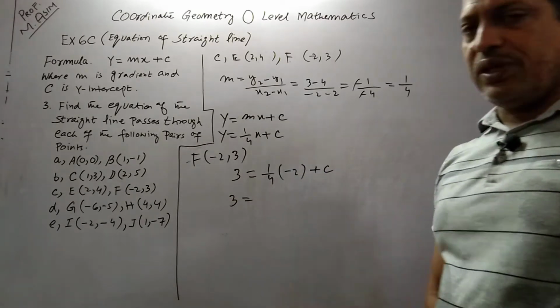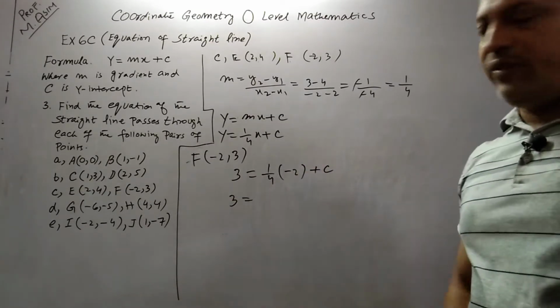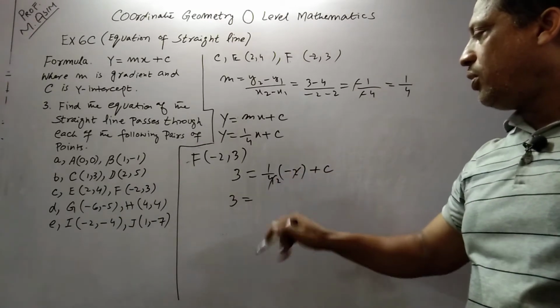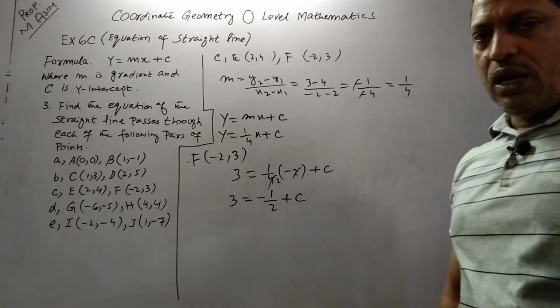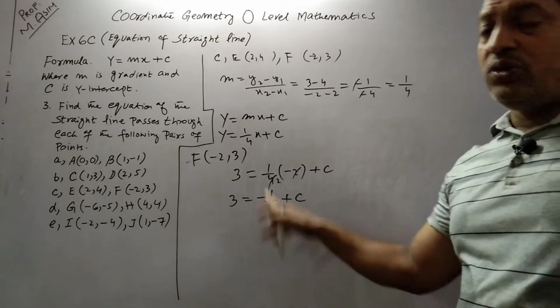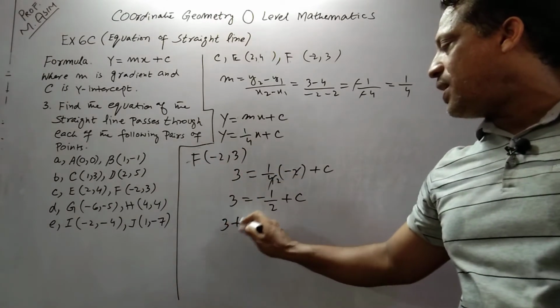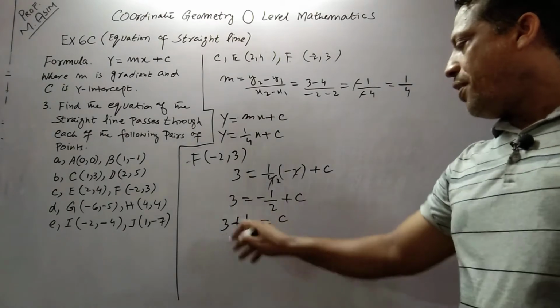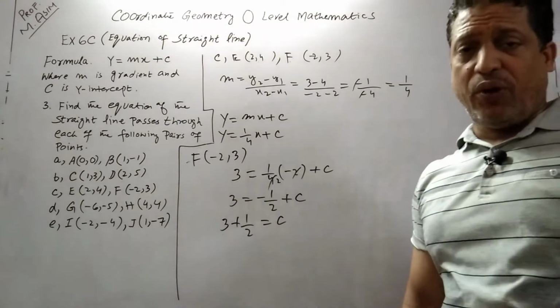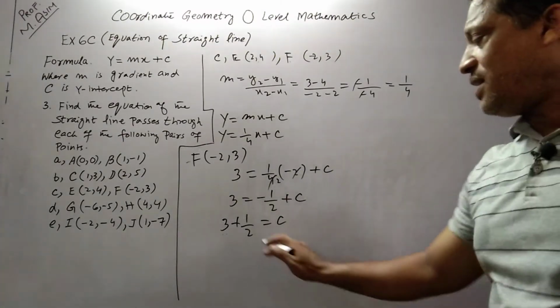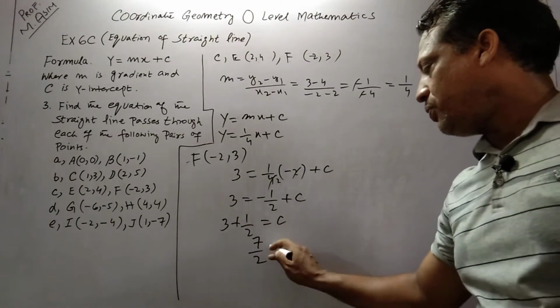This 2 can cancel 4: 2 1s are 2, 2 2s are 4, 1 into minus 1, minus 1 upon 2 plus c. Move this minus 1 upon 2 to the other side, it will become 3 plus 1 upon 2. Taking LCM, the answer is 7 upon 2.